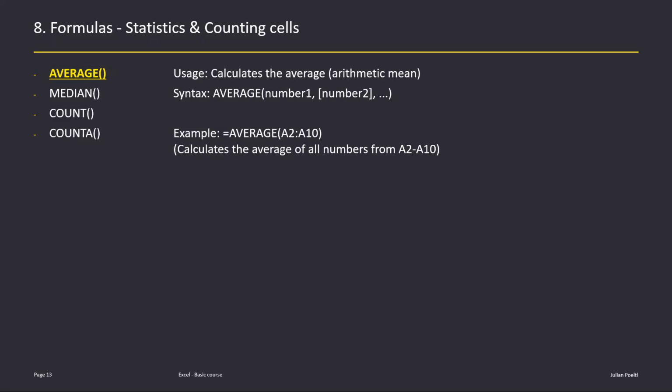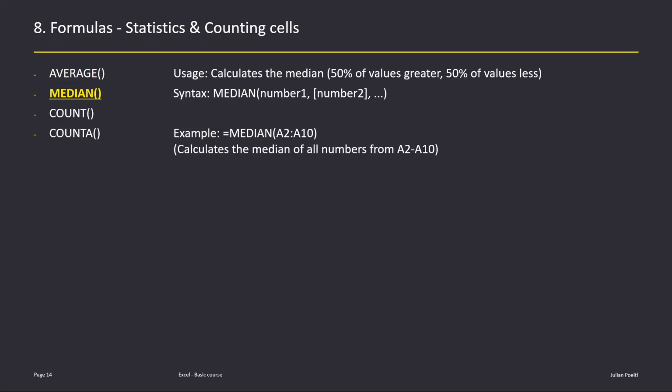You only write down average, then select the range of numbers, or input the numbers directly into the formula, and you will get the average of all those numbers in the range. Median calculates the median, so the number where 50% of all the values are greater and 50% of all the values are smaller. And it works the same as average, in that you input a range of underlying cells or input the numbers directly into the formula.